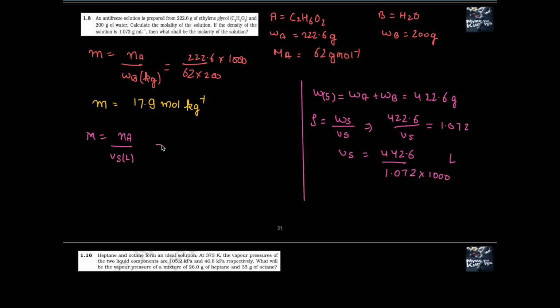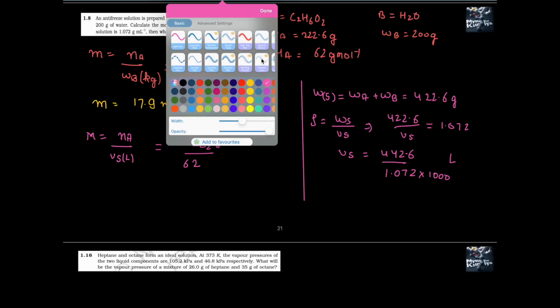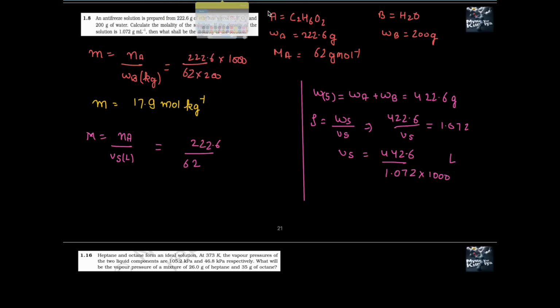So on putting the values, the moles of A is 222.6 divided by 62, and the volume of solution which we have found is 422.6 into 1.072 into 10 to the power 3. On solving this, you will find the molarity, which is approximately 9.1 mole per liter. So this would be our molarity.